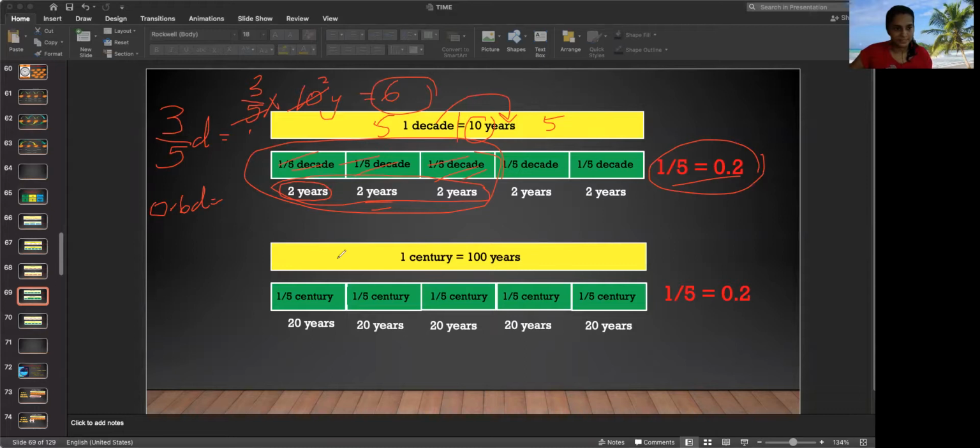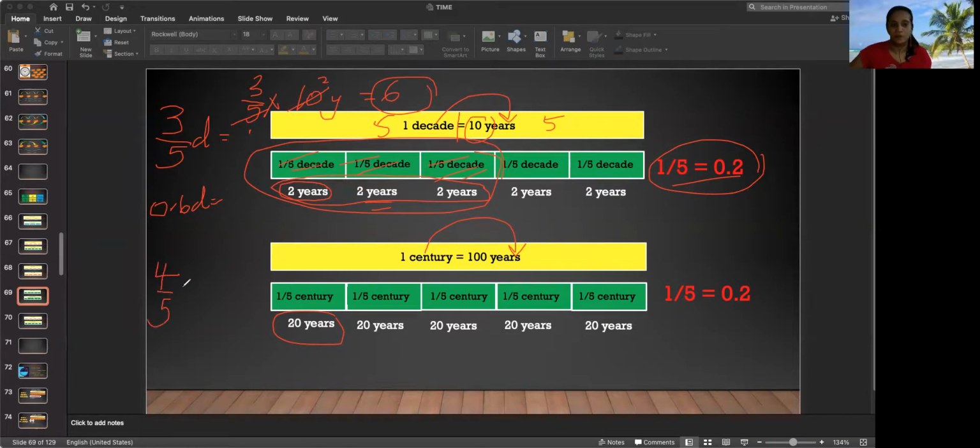Let's look into the centuries. Now the conversion here is century to years. So 1 century is 100 years. What is 1/5 of a century? You take that 100 years, divide into 5 parts. Every part will be 20 years. Let's say this lady lived up to 4/5 of the century.